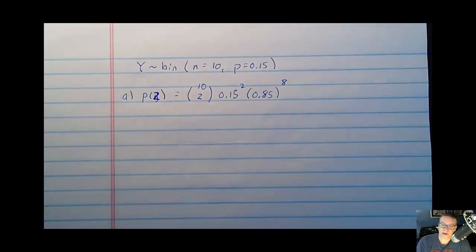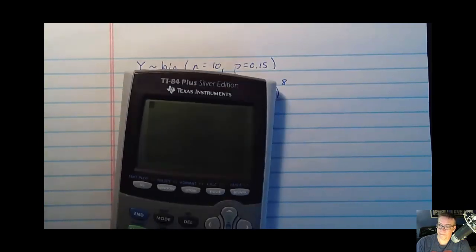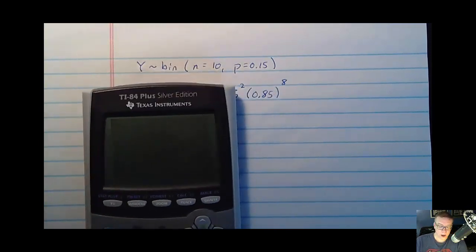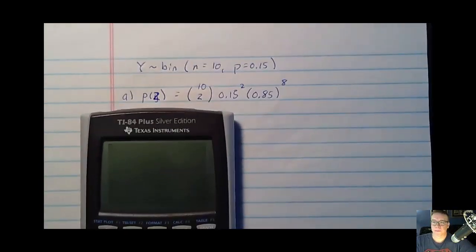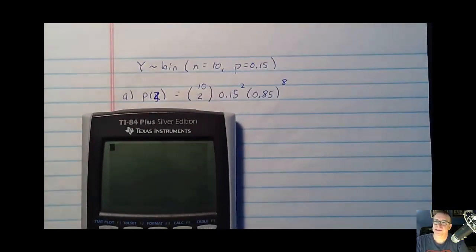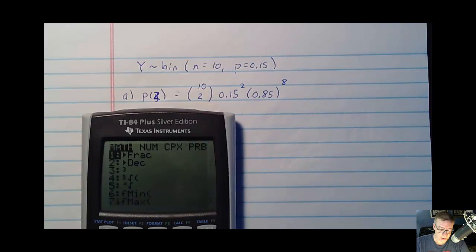And we can go in here and calculate this. Okay, so I'm going to just do this on the calculator here. I want to do 10, math, go over to the probability menu, and select the combination, 2.